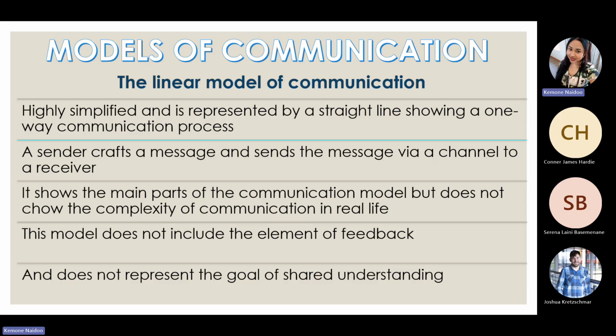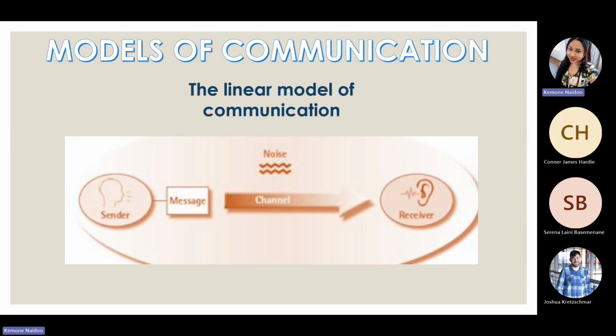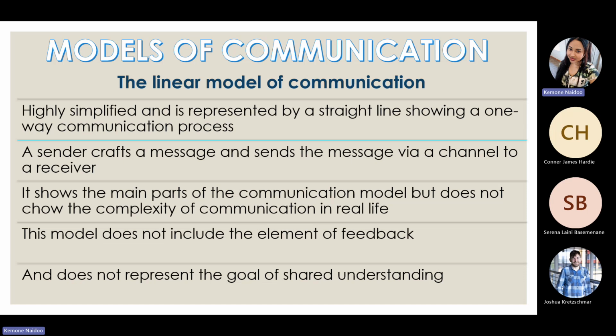This type of model goes straight. There is no two-way. Here I'm just going to show you what a linear model looks like. You have a sender, a receiver, and your channel of communication. So communication is going one way in a linear model.